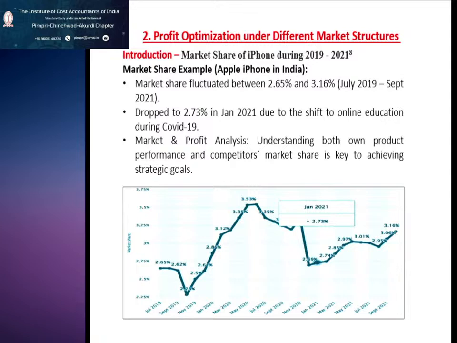The market and profit analysis, understanding both own product performance and competitors' market share, is key to achieving strategic goals. If you see the trend in this graph, there was a peak somewhere in January 2021, then a downfall in September 2021, and thereafter again a peak is happening.